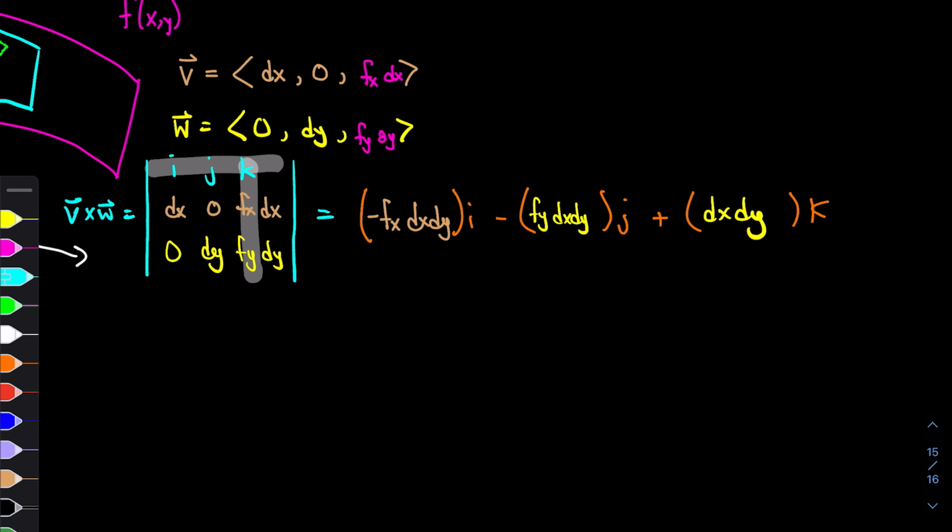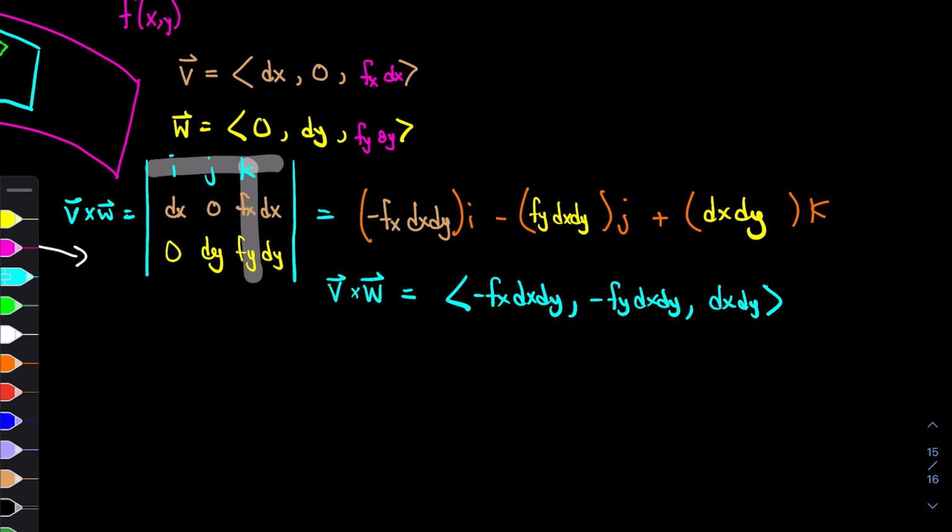So what we just found out is that when we look at our 3D function and we pick a point on it and we calculate the normal vector, which is what we get when we cross v cross w, what do we get? Well, we get the vector negative f sub x dx dy, negative f sub y dx dy, and the vector component dx dy.